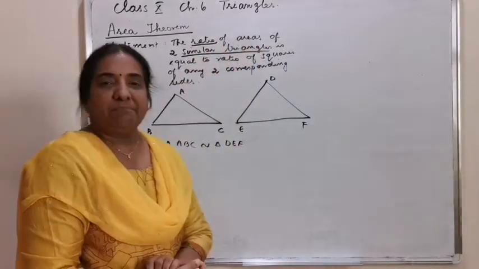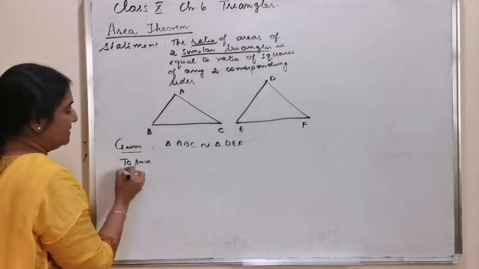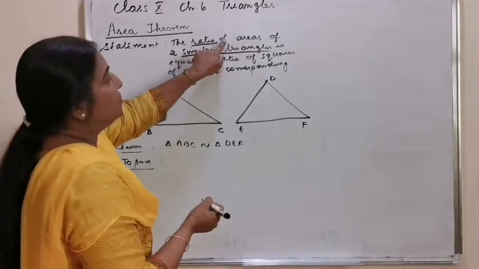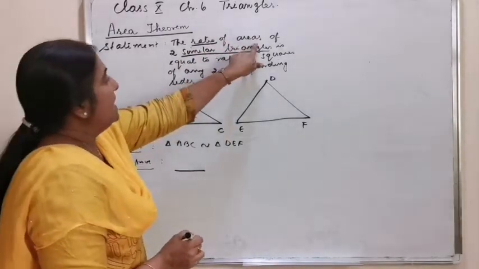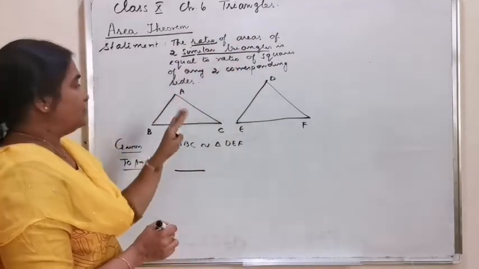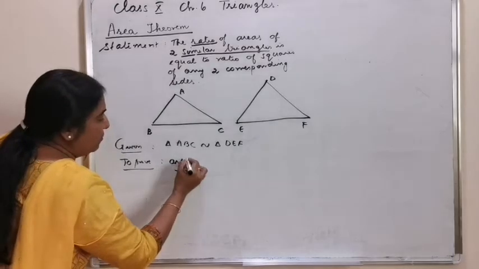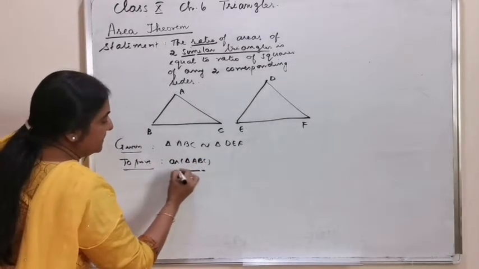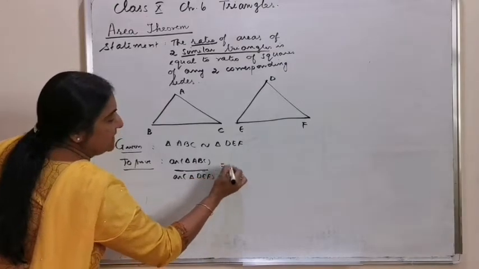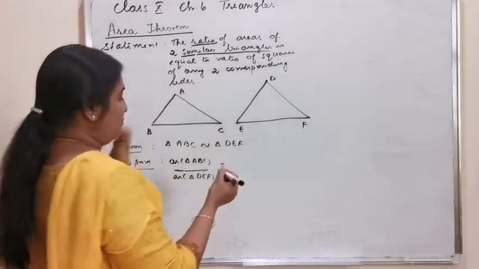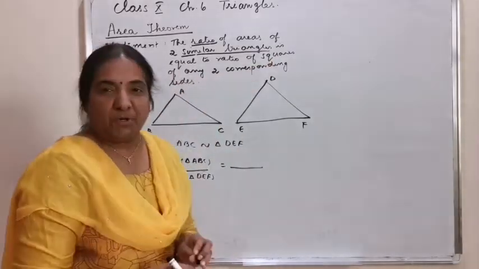What is to prove? Ratio means division, so the areas of two similar triangles, ABC and DEF. Area of triangle ABC by area of triangle DEF is the same as the ratio of squares of any two corresponding sides.